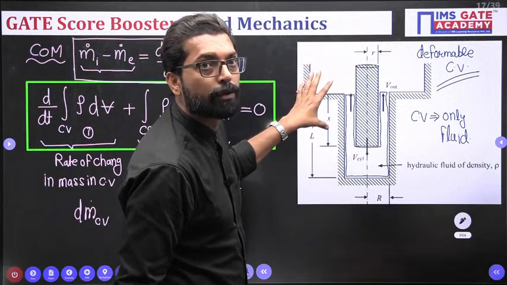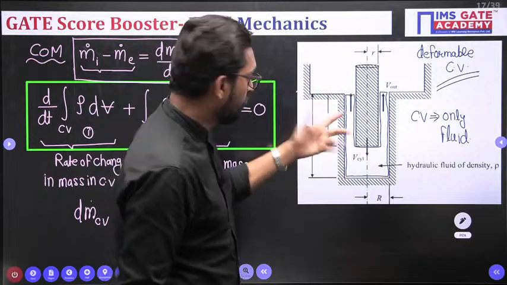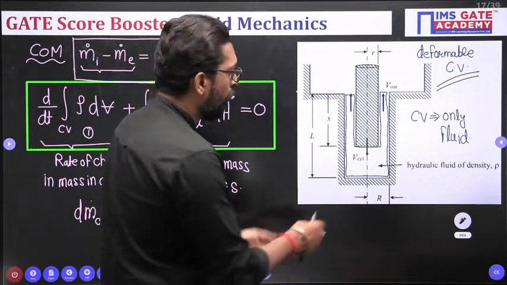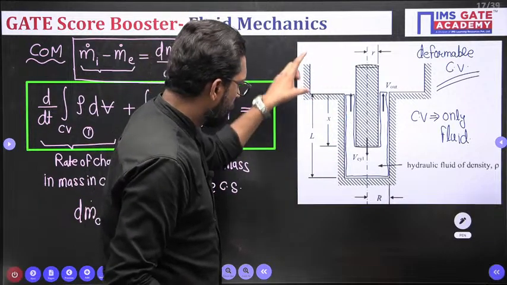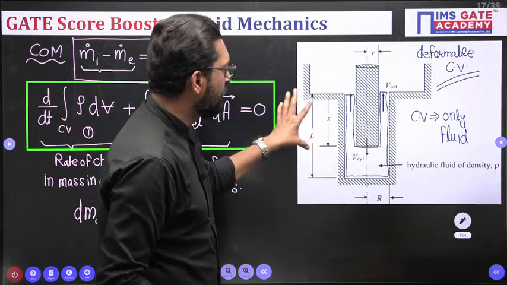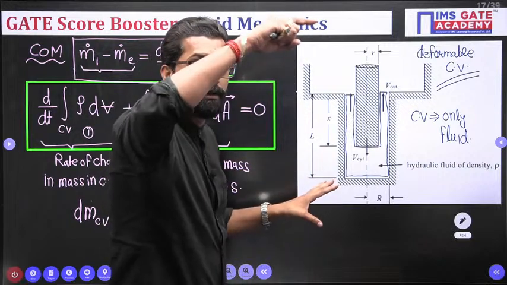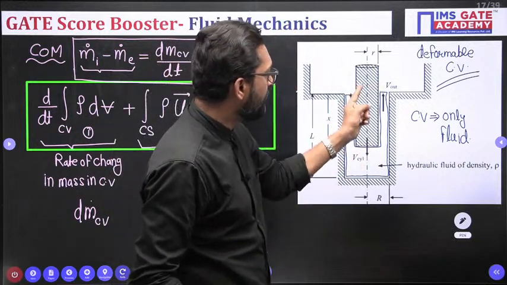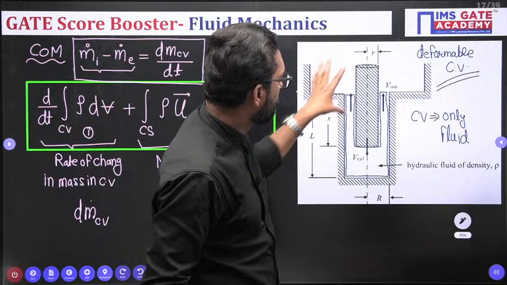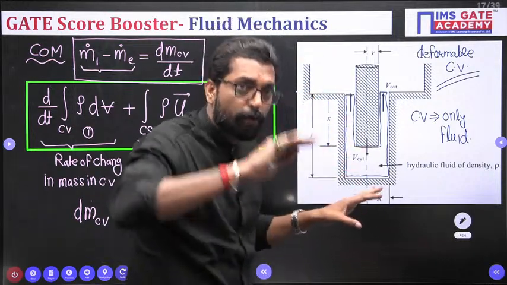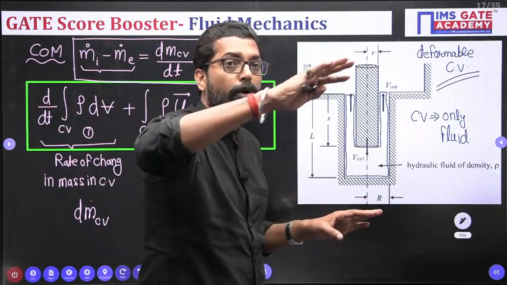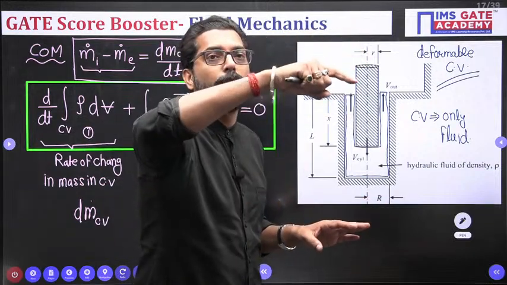What is the volume of the control volume? It is pi R square into L for the outer minus pi r square into x for the inner. The difference of the inner and outer volume is the change in control volume.